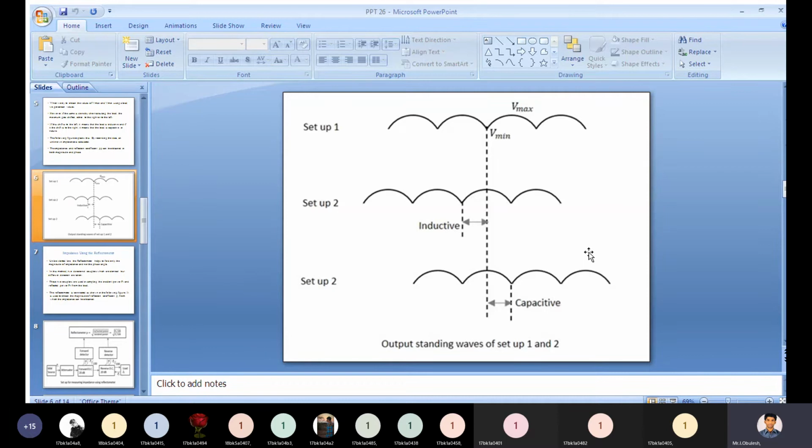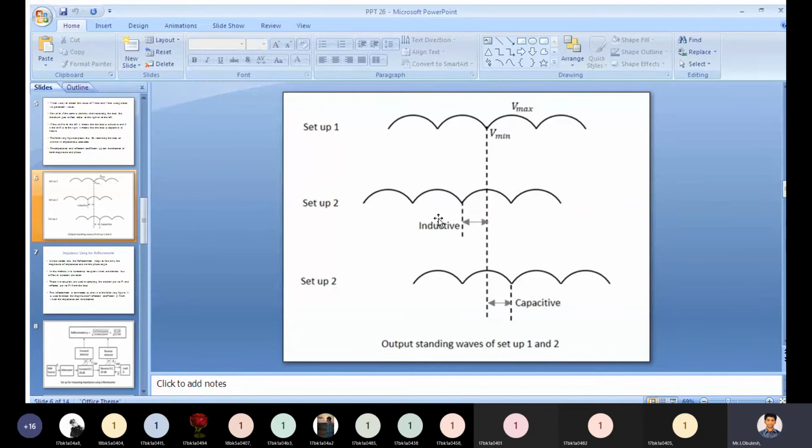Next setup 2. From setup 2, if the same is done by short circuiting the load, the minimum value will be obtained. If you are shifting that minimum value, let us assume to the left side, it means that the load is inductive.